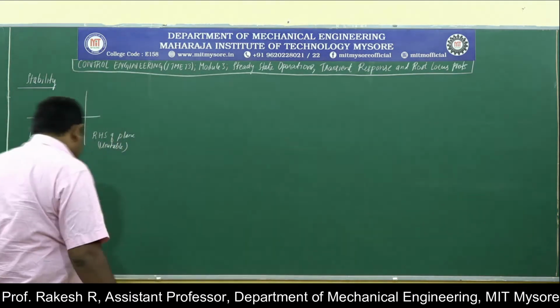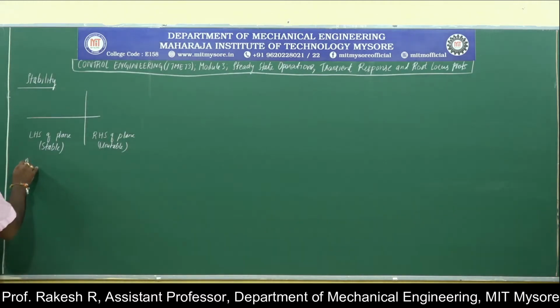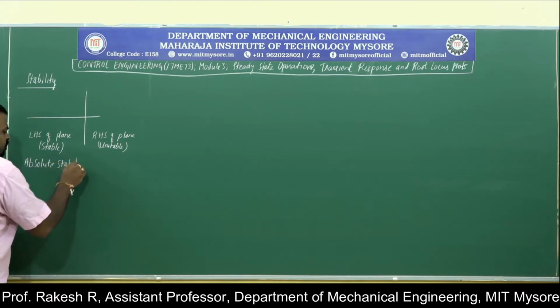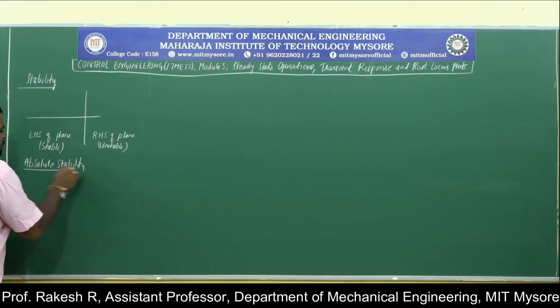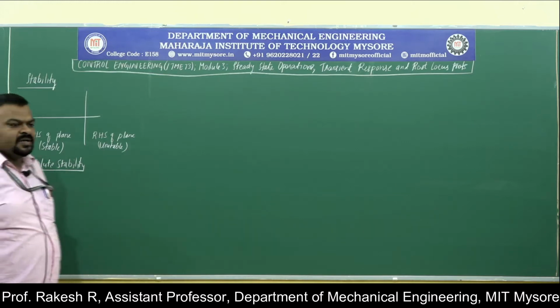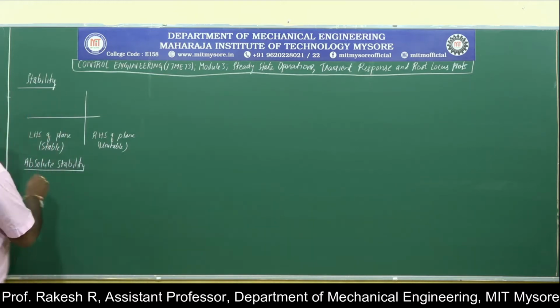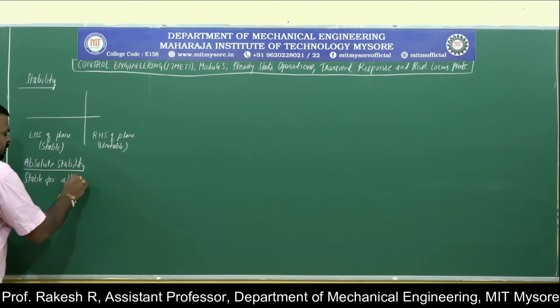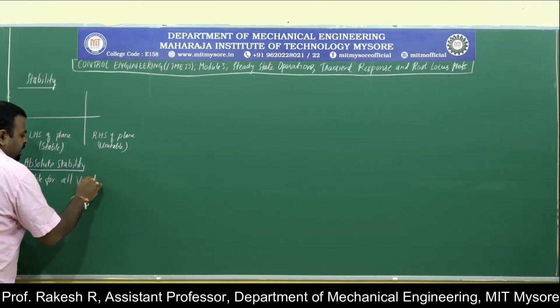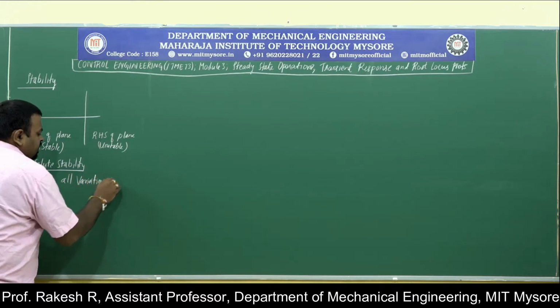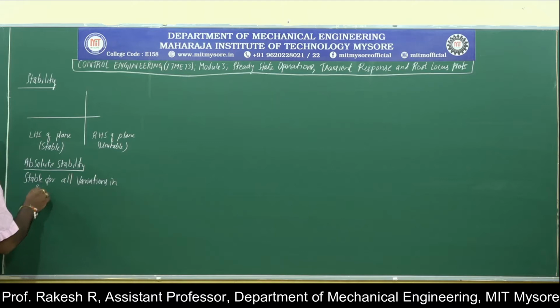Here there are again two concepts. One is absolute stability. Absolute stability is one which is stable for all variations in system parameter.